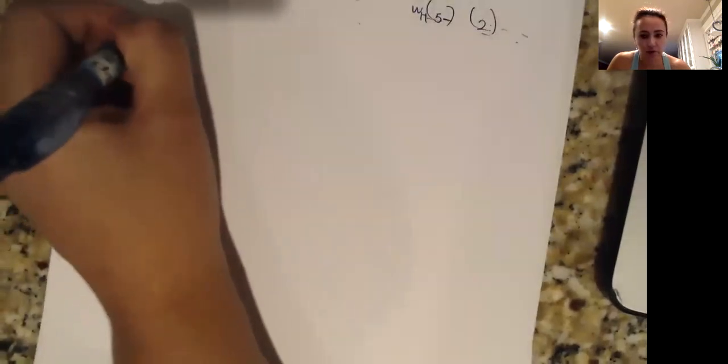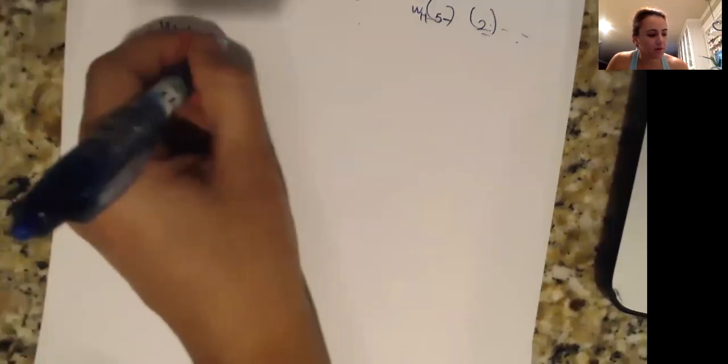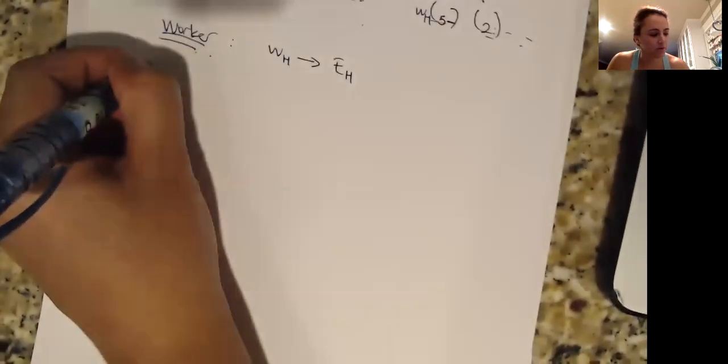I have already checked the worker, right? So if the firm plays WH, the worker is going to comply by choosing the high effort. Okay. Now I need to check for the company.